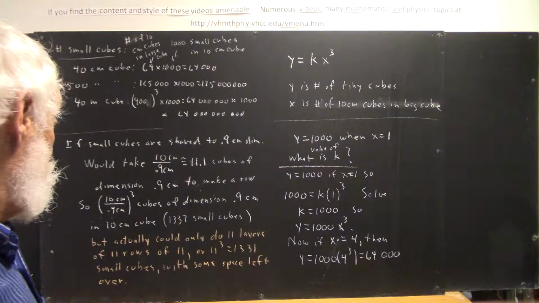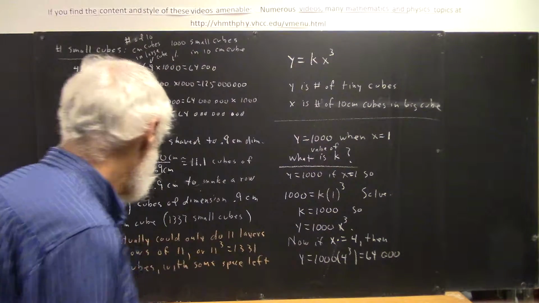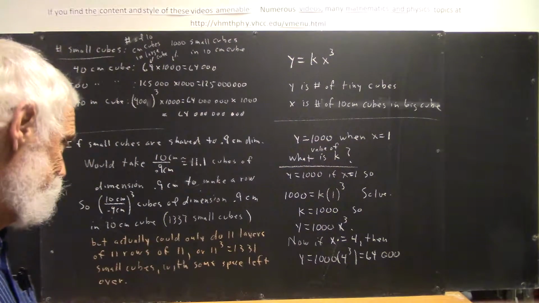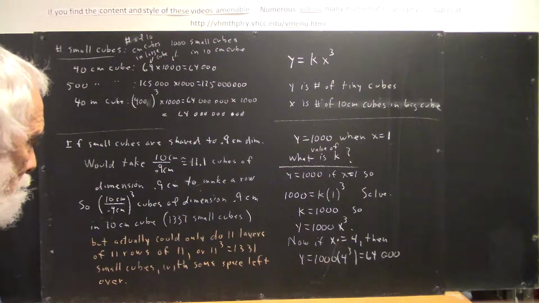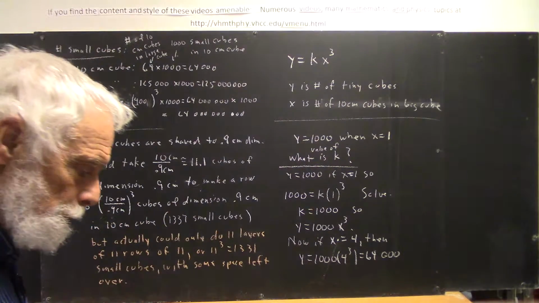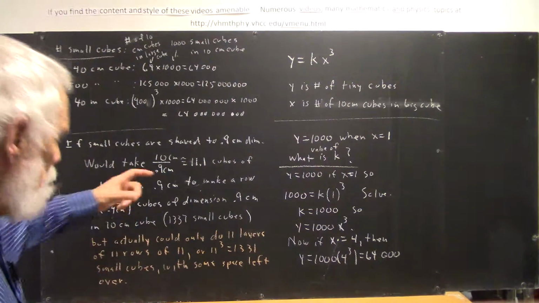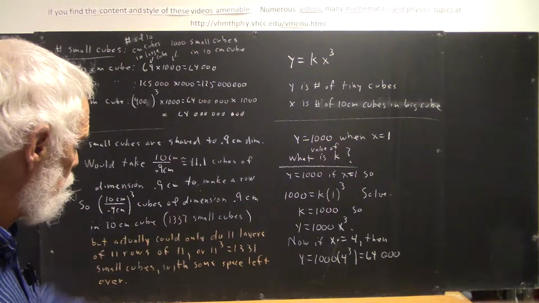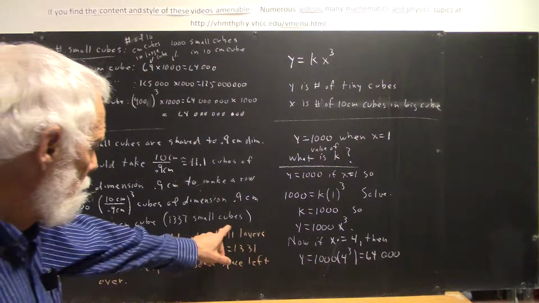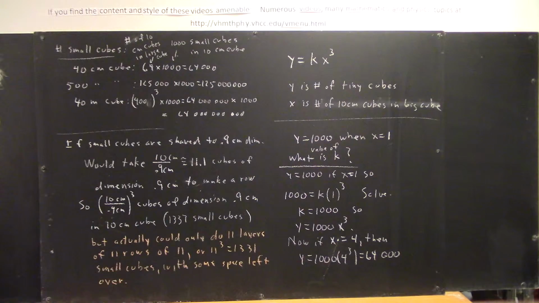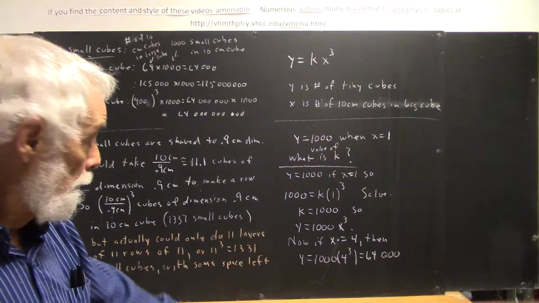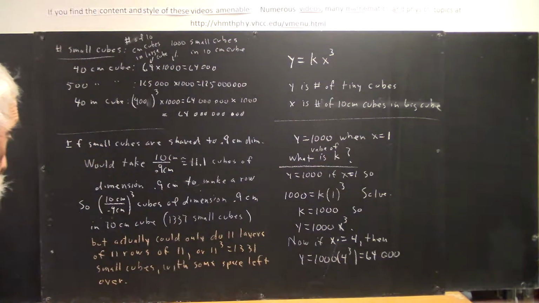Okay? Now, this is the ratio of the volumes of the big cube to the 0.9 centimeter cube, the 10 centimeter cube to the 0.9 centimeter cube, but we can't really get that many small cubes in. Really, we could only do 11 by 11 by 11, which is 1331.